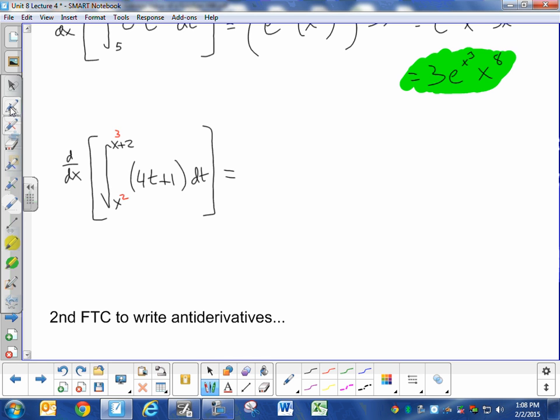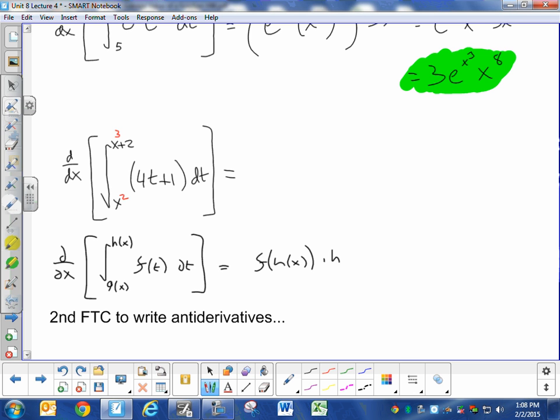So I can write the general form underneath it, and then we'll do the top one together. If we want to take the derivative of the integral from g of x to h of x of f of t dt, it would just be f of h of x, that guy on the top, times h prime of x, minus f of g of x times g prime of x.